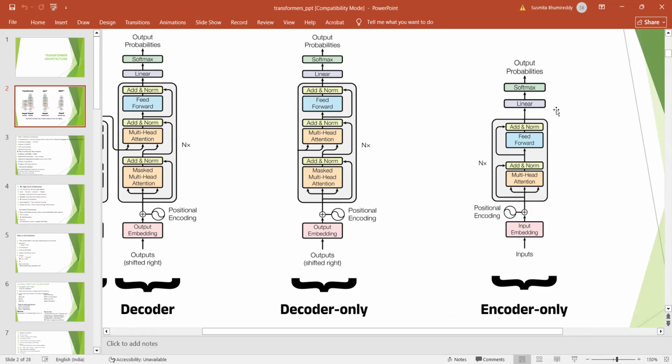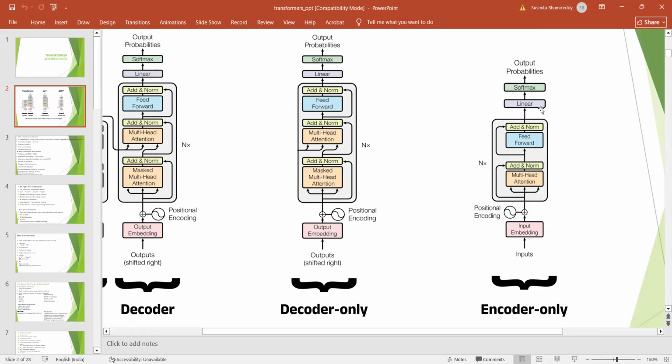And then it adds a normalization. This is for stability, to prevent vanishing gradients. So this is a linear softmax.